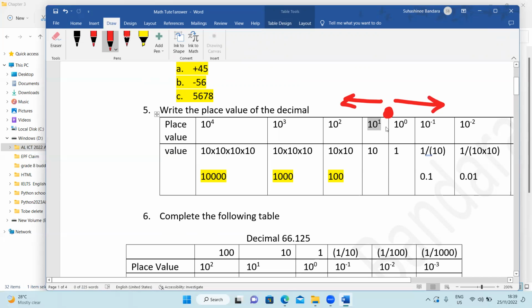Now 10 to the power 1, you can write 10. 2 to the power 1 is also 2. Whatever the number, power 1 gives the same number.